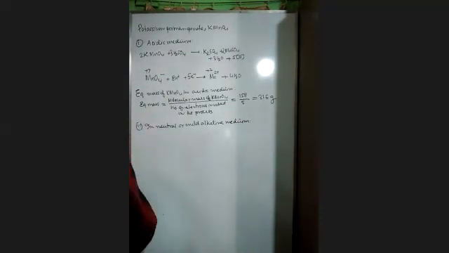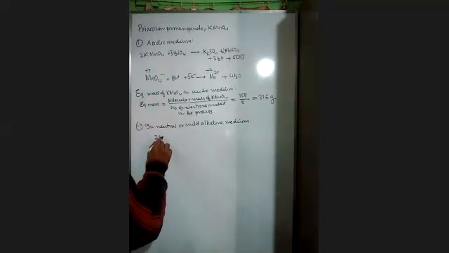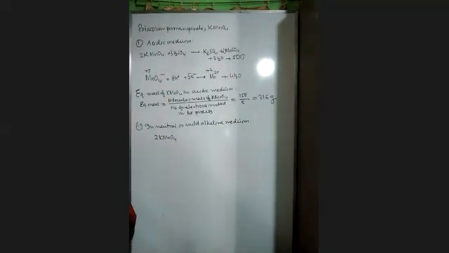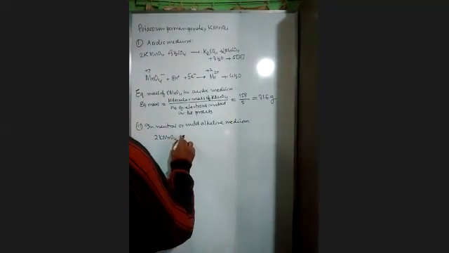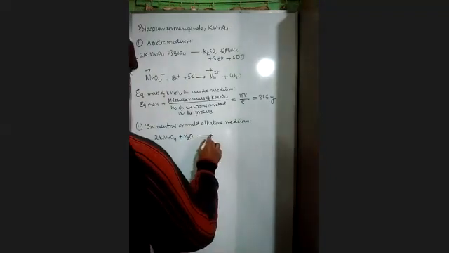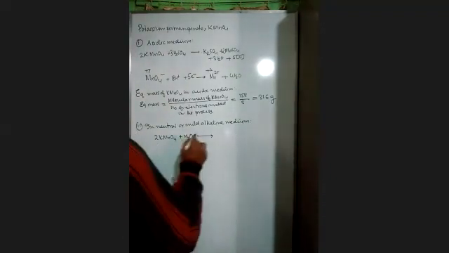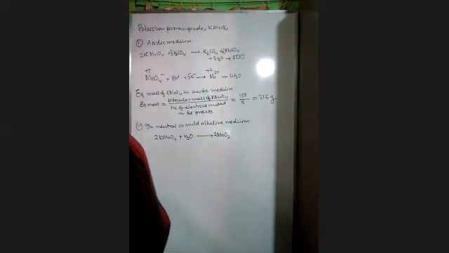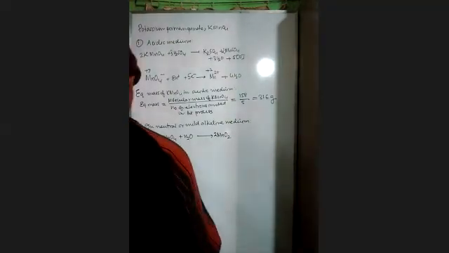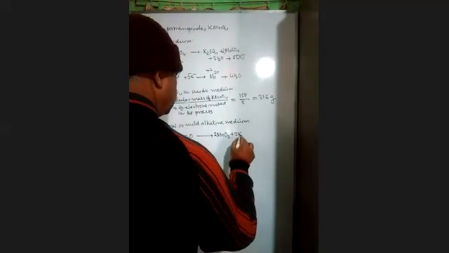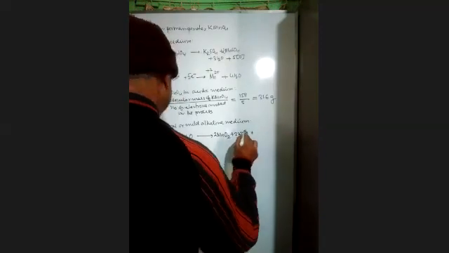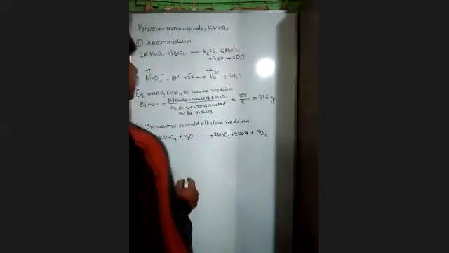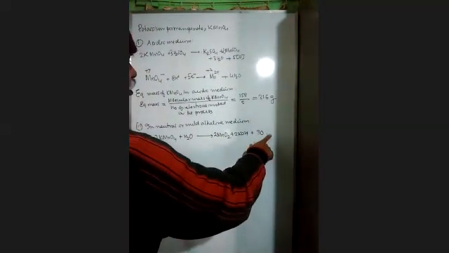Equation is 2 permanganate plus H2O. So it will give you 2 manganese dioxide plus 2 KOH plus 3 O. See, it gives you 5 oxygen, but 3 oxygen.